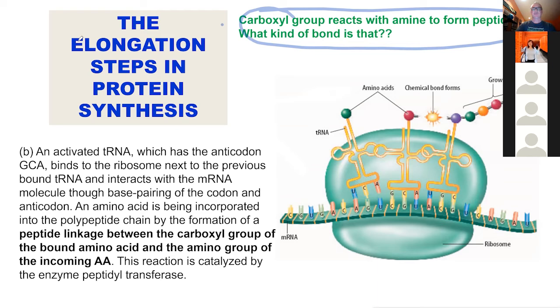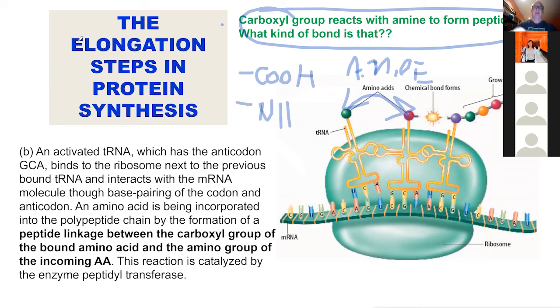So this just shows a little bit better how these amino acids form the amide bond between the carboxylic acid part of one amino acid and the amine, NH2, part of the next amino acid.